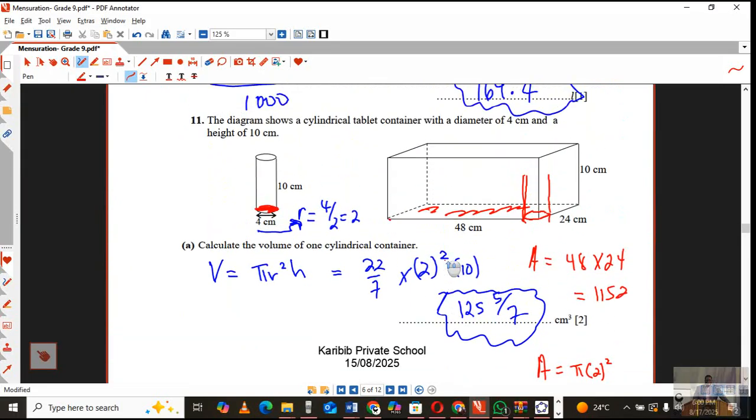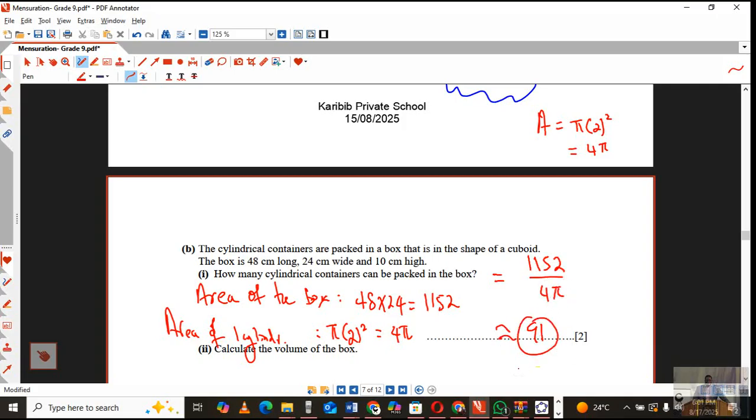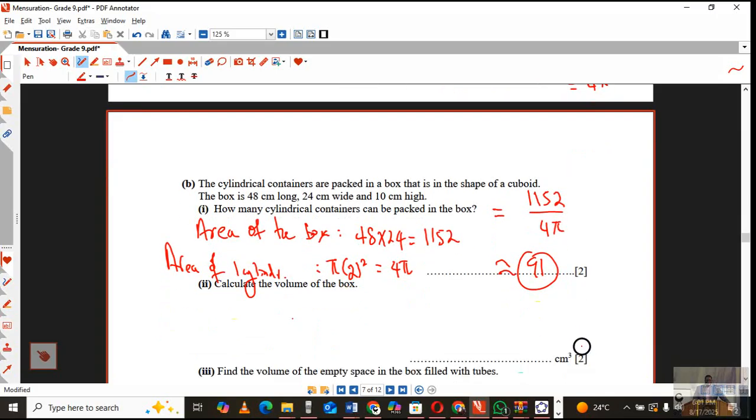Then we have the area of one cylindrical container. It was pi times 2 squared, because the radius is 2, which gives me 4 pi. So the number that can be packed in will be 1152 divided by 4 pi. And we saw that we'll get about 91 of those containers.